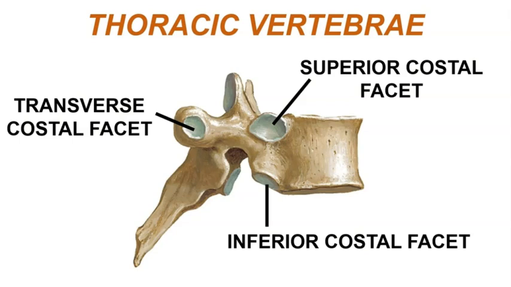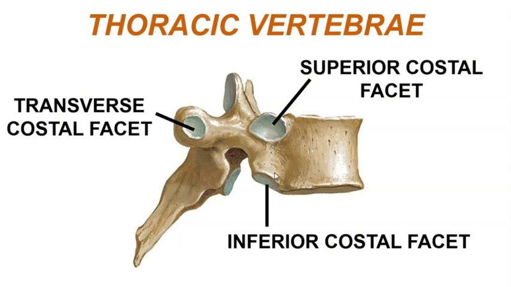If we turn our attention for a minute to thoracic vertebra, the thoracic vertebra have all of the features of a typical vertebra with the addition of these facets here that are called the costal facets. So remember, this term costal means rib, and so these are rib facets where ribs will articulate. Now there are 3 costal facets on each side of each thoracic vertebra.